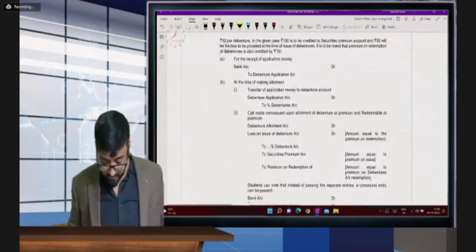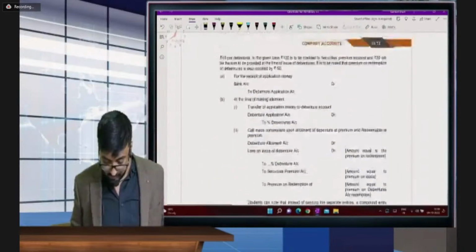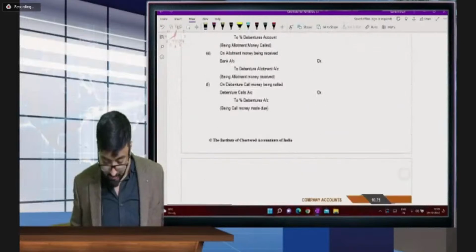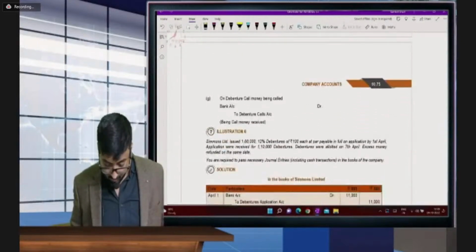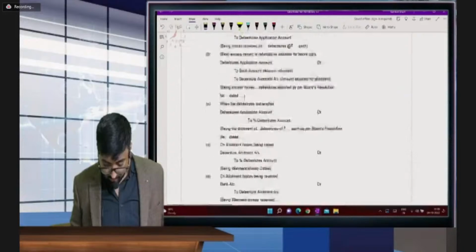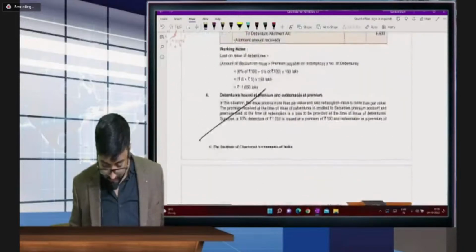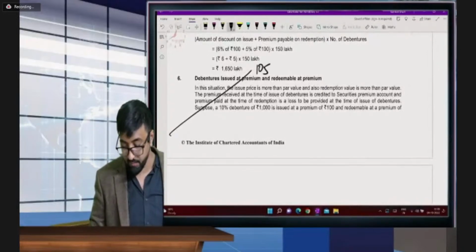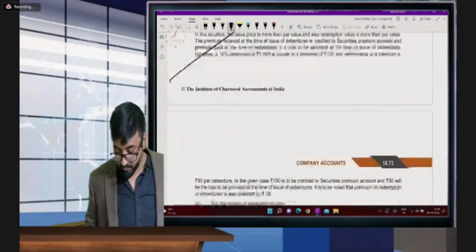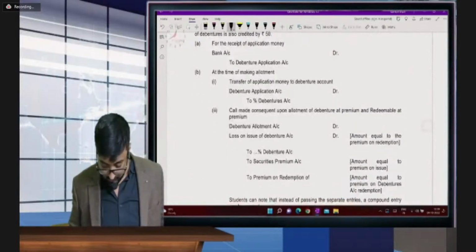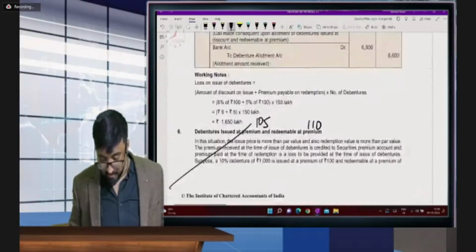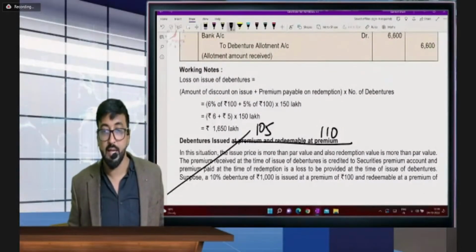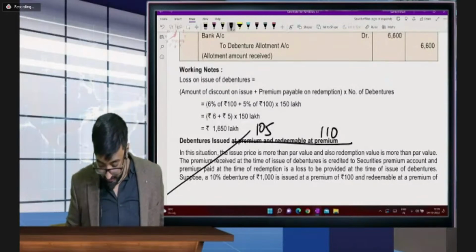ILU 6. No, before starting ILU 6, debentures issued at premium. So I'm giving you last example, 105 and 110. So last example, think it 105 is collected and 110, exactly 3 minutes.